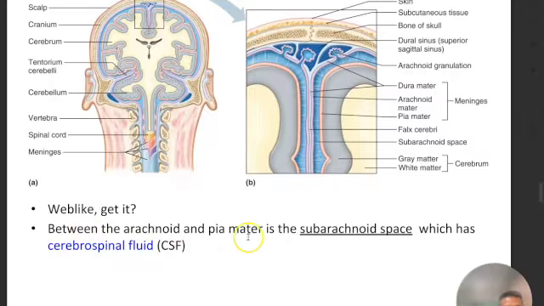Between the arachnoid and the pia mater is the subarachnoid space, which has the cerebrospinal fluid. So again, here is the subarachnoid space. We're going to learn different ventricles where the CSF is. That's what I was going to tell you about, different ventricles.